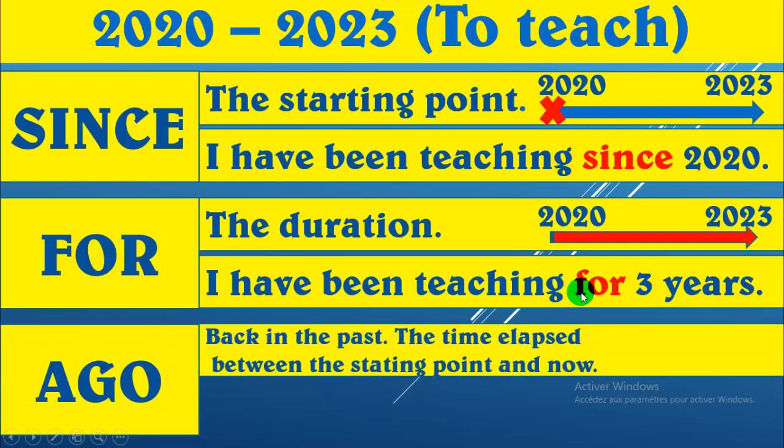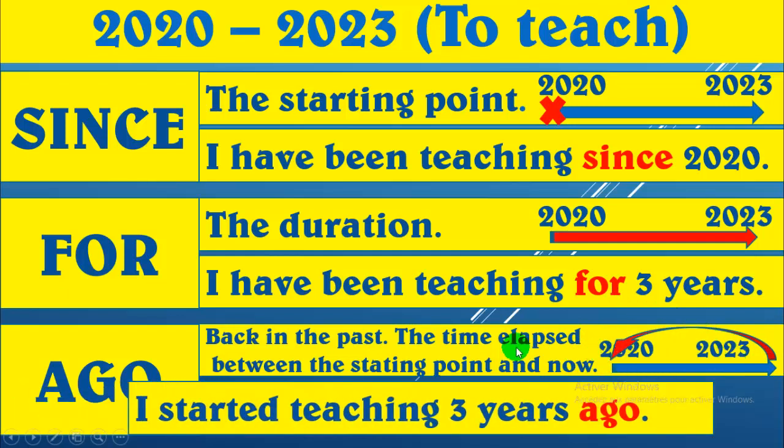Ago, when you go back in the past, faites un retour dans le passé, the time elapsed between the starting point and now. Le temps qui s'est écoulé entre le commencement de l'action et aujourd'hui, on va dans le passé. Il y a de cela 3 ans. So, here, as you can see, it is a time that elapsed between the starting point and now.